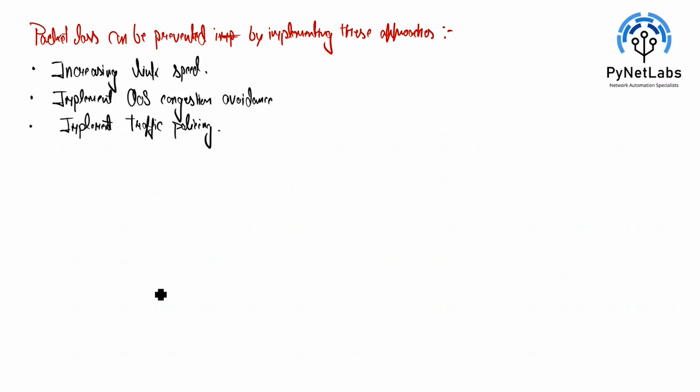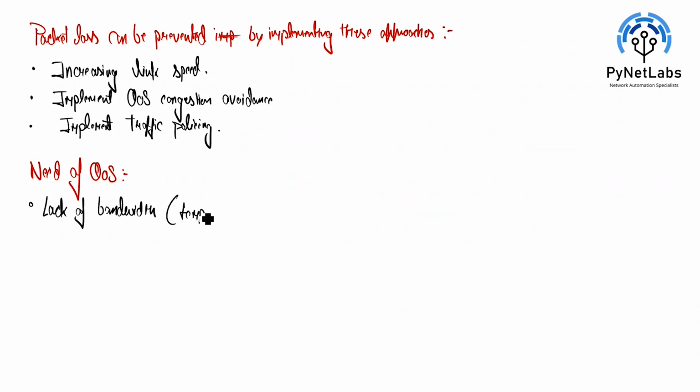Now coming to the need of quality of service: why do we need quality of service? If we are talking about the need of QoS, the first thing we can say is lack of bandwidth. Lack of bandwidth is not permanent, it is on a temporary basis. Then the next factor is latency.